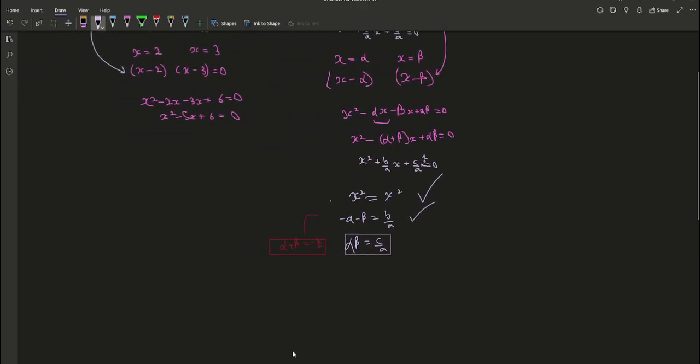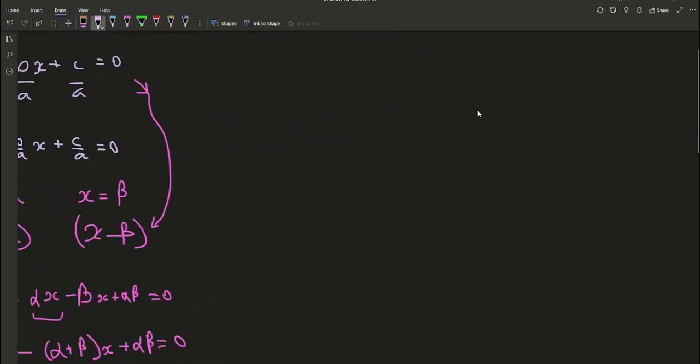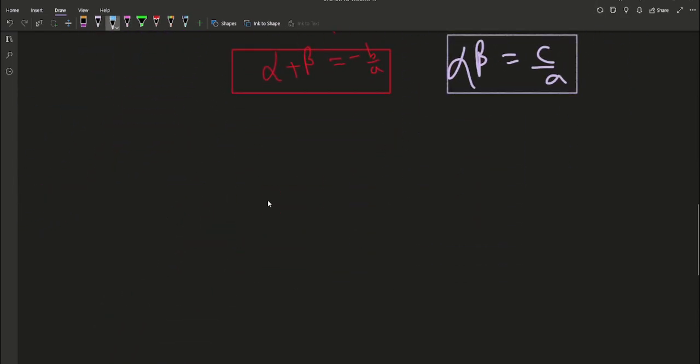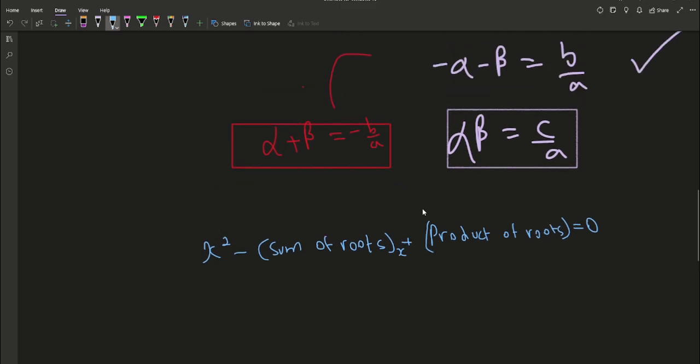Now let's do some examples with these. I forgot to write this form. So our quadratic equation is x squared minus sum of roots times x plus product of roots. This is our quadratic equation, right?